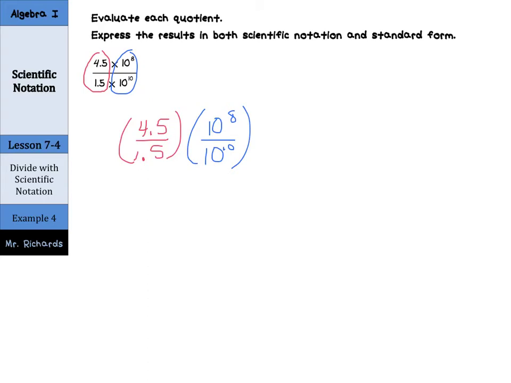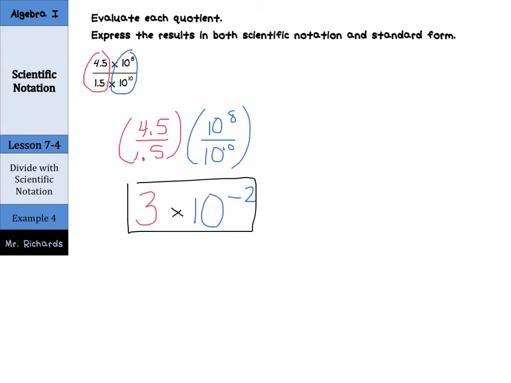Well, when you take 4.5 and divide it by 1 5/10, your result is 3 times 10 to the, well, a power divided by a power, you're going to subtract. 8 minus 10 is negative 2. So we have 3 times 10 to the negative 2. And that's just fine for scientific notation.